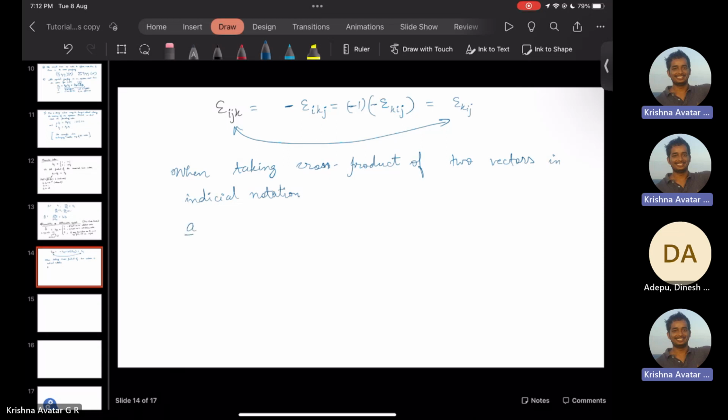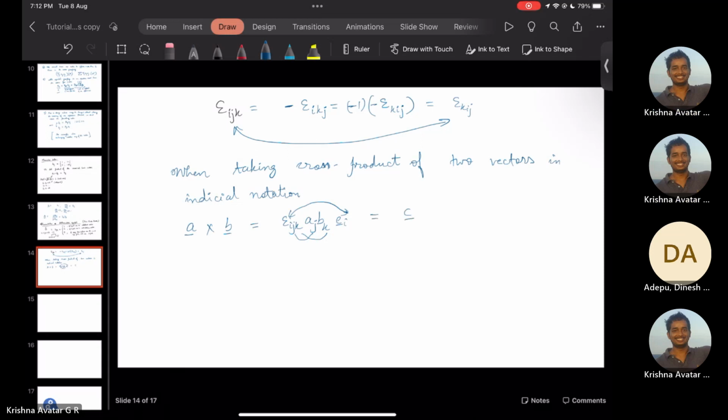Say we have vector A and vector B, and we are taking the cross product, then this is equal to epsilon ijk aj bk ei vector. Here, as per the rules of our indices, j is repeated and k is repeated, which means there is a summation over j and k, and even i is being repeated. There is a vector also involved, because of which the end result is also a vector, say some c vector.